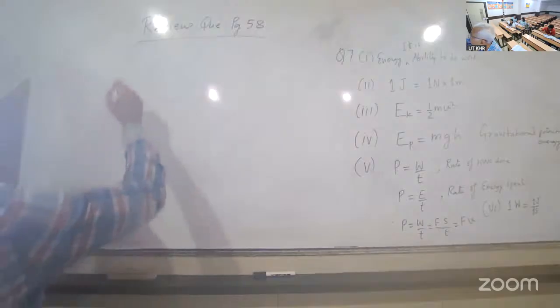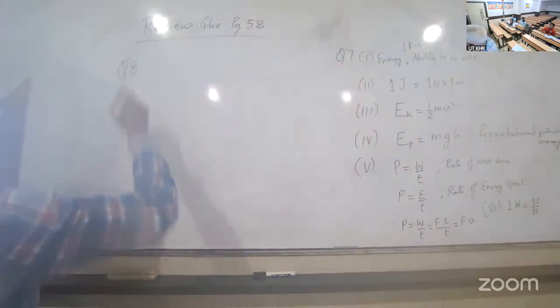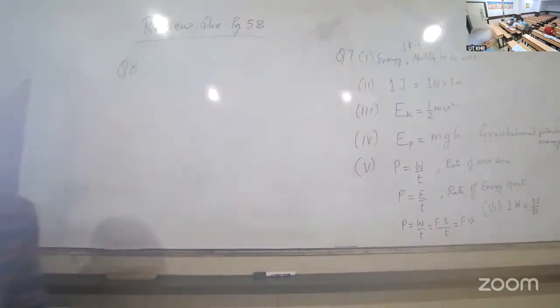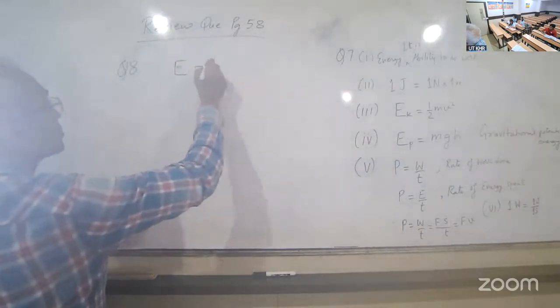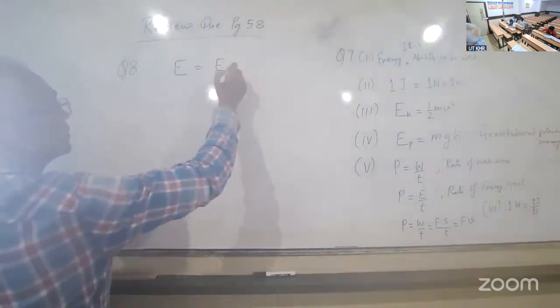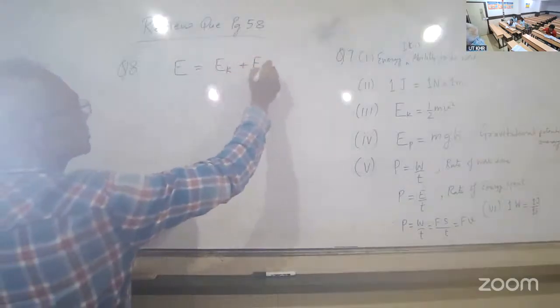So what is the law of conservation of energy? Energy cannot be created or destroyed, it can only be changed from one form to another. So what it means is total energy always remains constant.